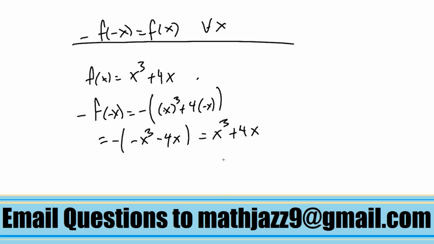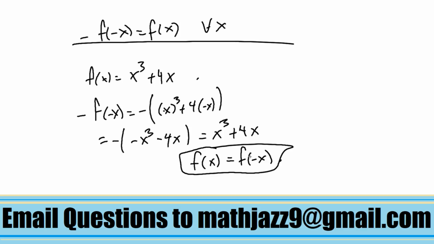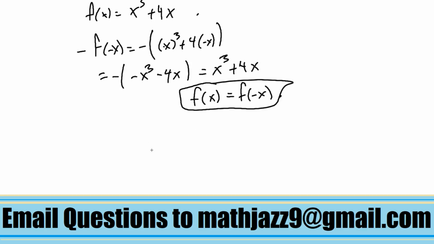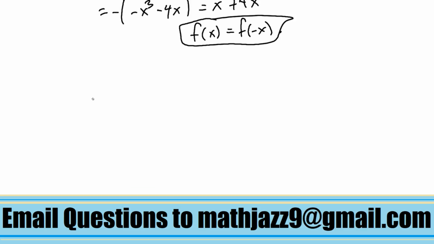The definition of an even function was f of x equals f of negative x. Let's check this, see if this works. We're going to need some space. So f of negative x equals negative x cubed plus 4 times negative x.